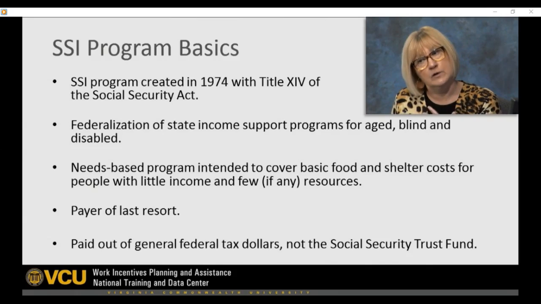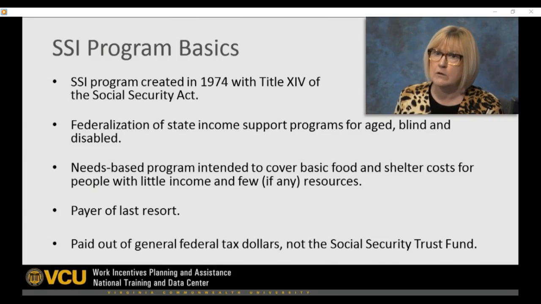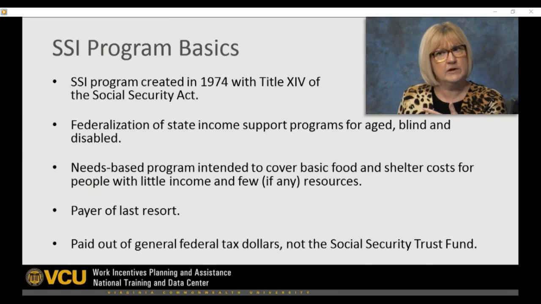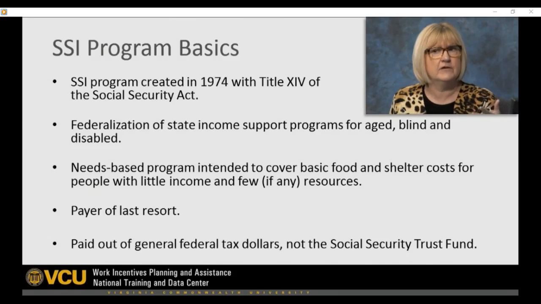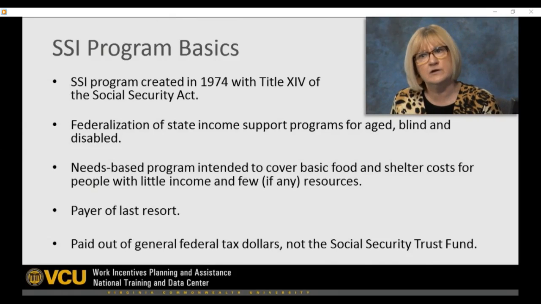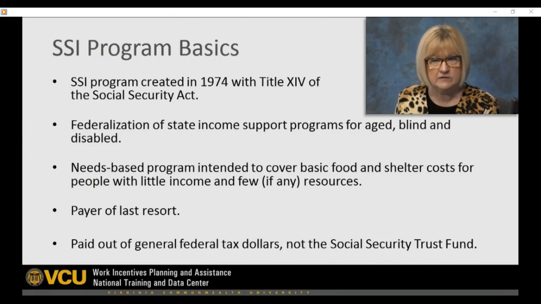And sometimes when people apply for SSI and Social Security says, well, you have to go apply for this unemployment insurance because you were laid off, or you may have railroad retirement benefits, you need to apply for those first. They don't understand that's required by federal law. You have to go apply for any other benefit to which you might be entitled.